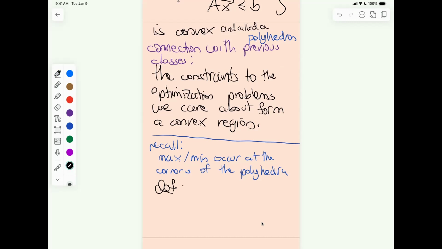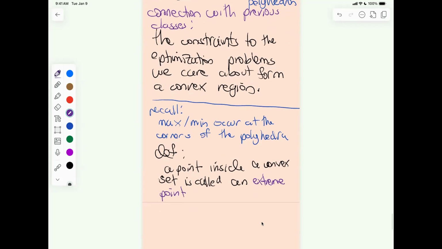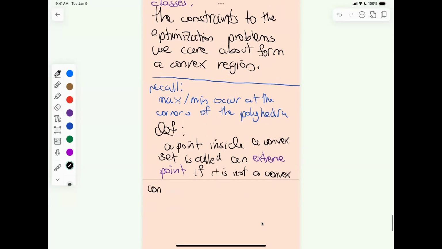A point inside a convex set K is called an extreme point, and you should think of this as some sort of corner, if it is not a convex combination of two other points of K, two other points of the region.